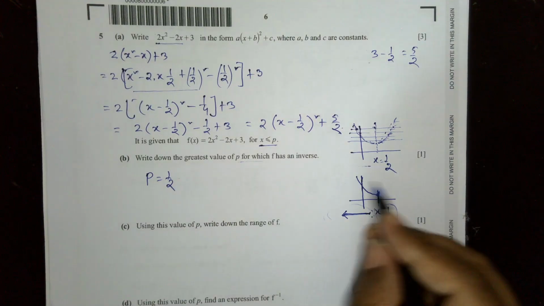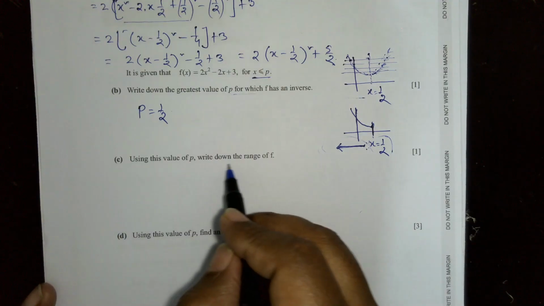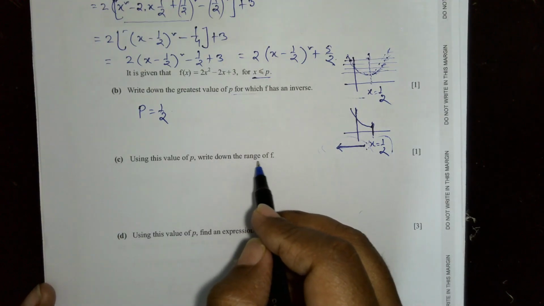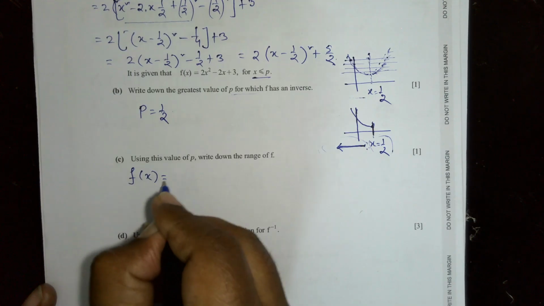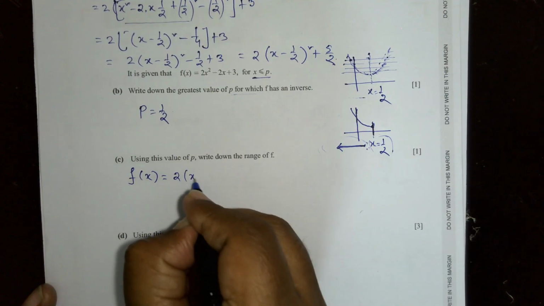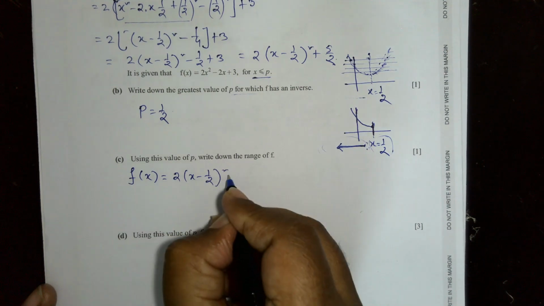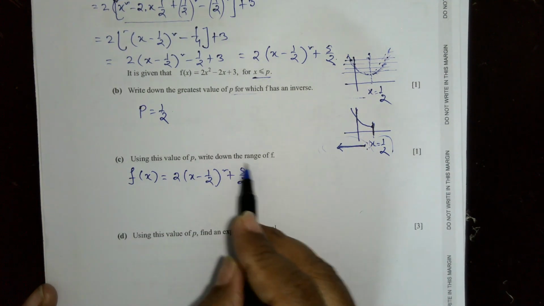The explanation I have explained here. Now, it says that using the value of p, write down the range of f. Okay, fine. Let's rewrite the function in completing square form. We have found f(x) equals 2 times (x minus half) squared plus 5 over 2. It is a minimum curve and this is the minimum value.